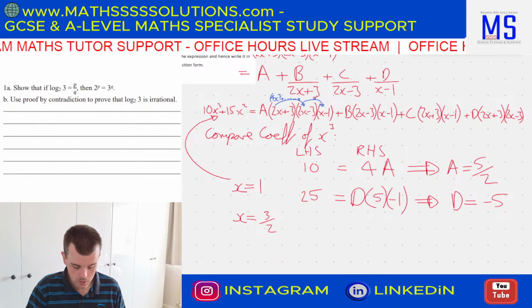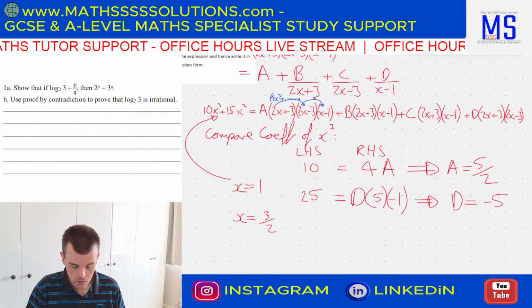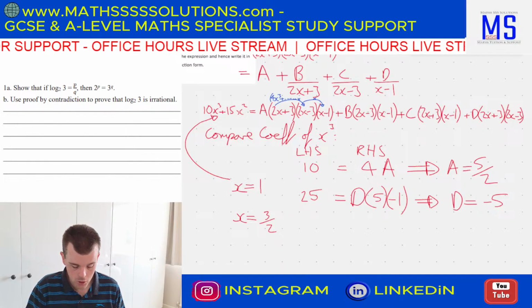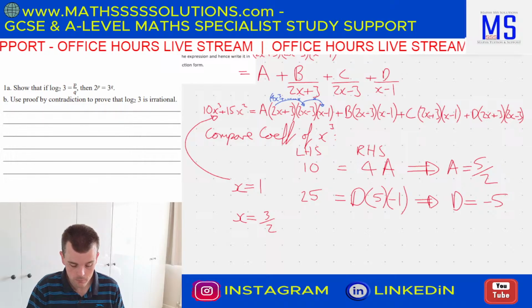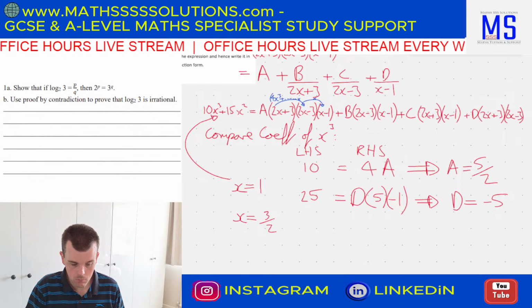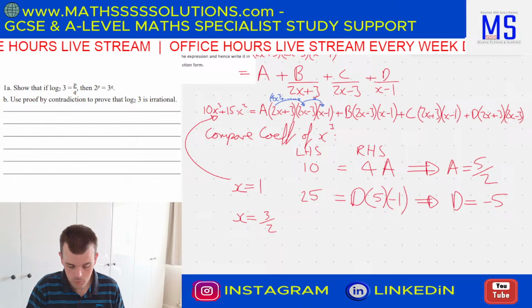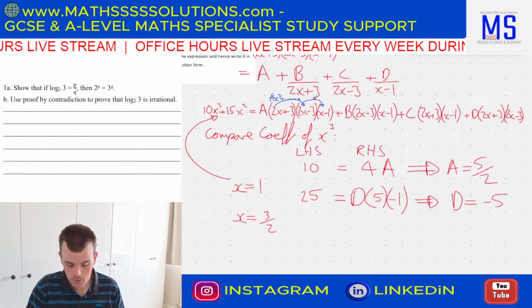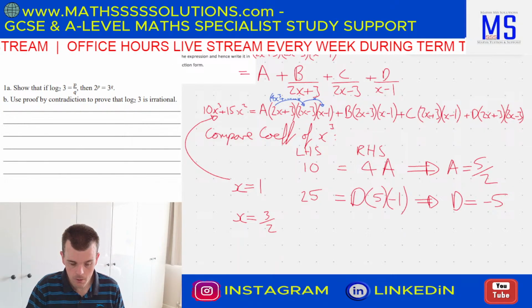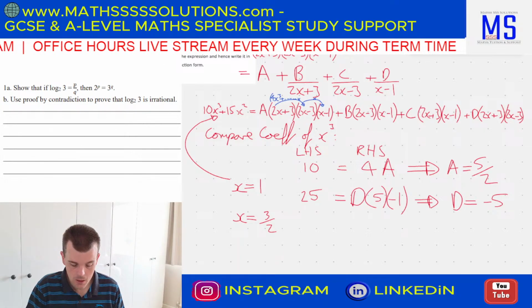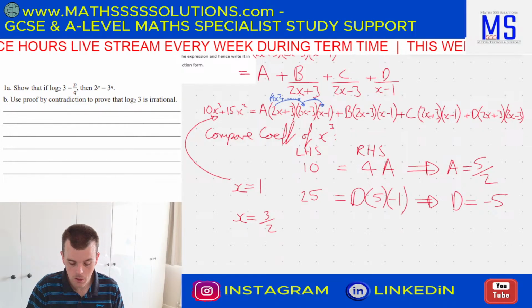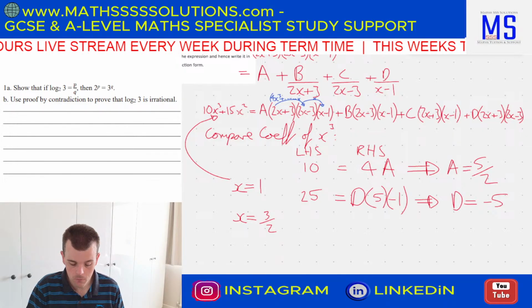So 10 times 3/2, sorry, cube it, and then plus 15 times 3/2, and then work with me here, see what you get, see if you get the same. If you want to pause the video and give it a go yourself, that's even better. See if you get the same answer.